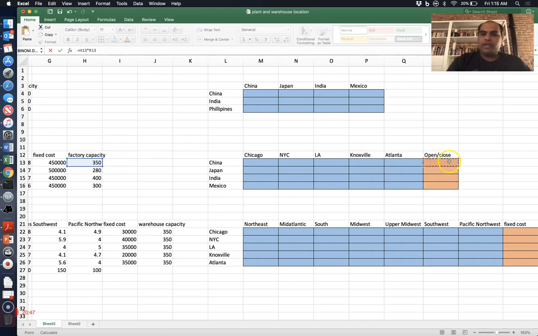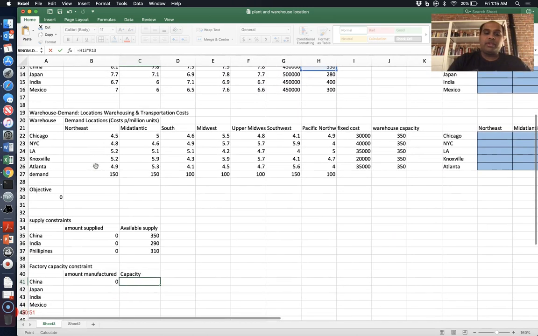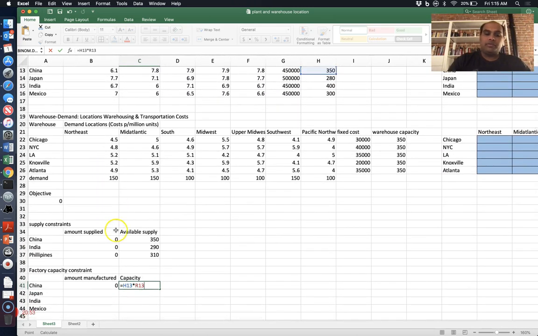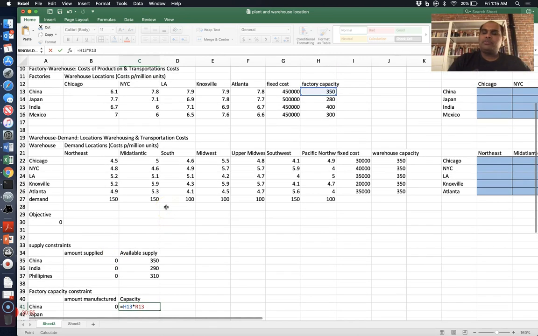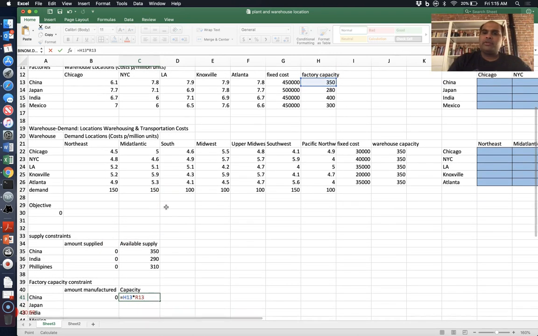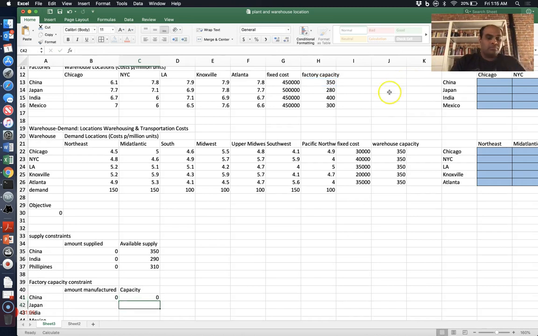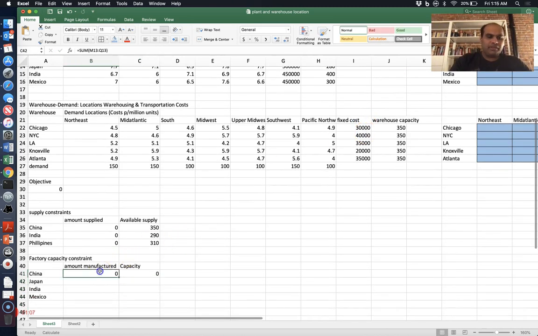If the Y value is 1, then the capacity is available. If the Y value is 0, then the capacity is not available. Again, we did exactly the same thing when we did the capacitated plant location model, where we multiply the capacity with the corresponding 0, 1 variable. So this is the amount manufactured and the capacity at each of those locations.